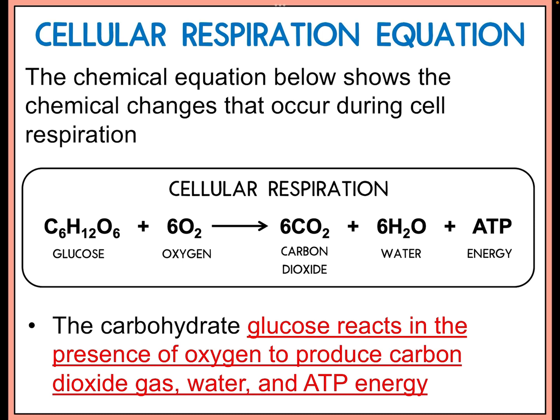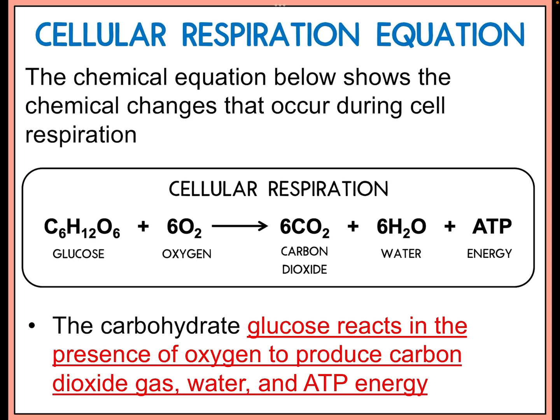This chemical equation should look familiar because it is the reverse of what is happening in photosynthesis. The carbohydrate glucose reacts in the presence of oxygen to produce carbon dioxide gas, water, and ATP.